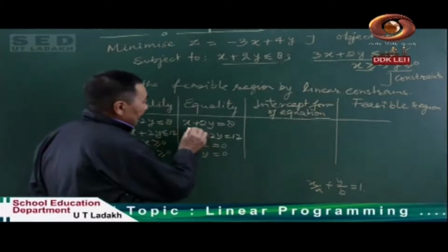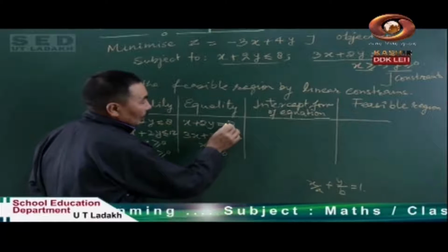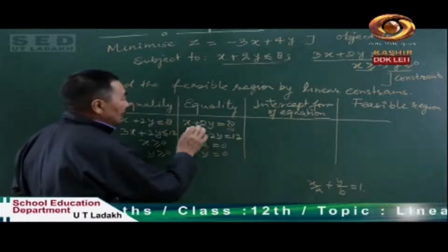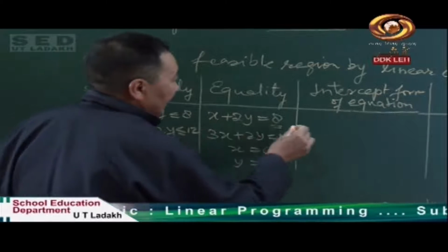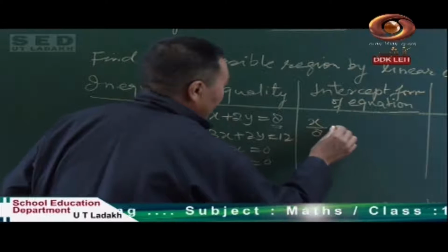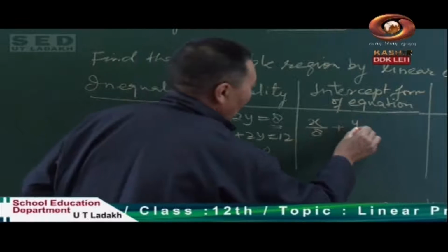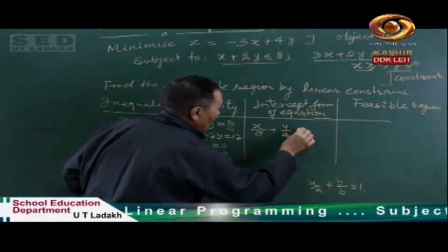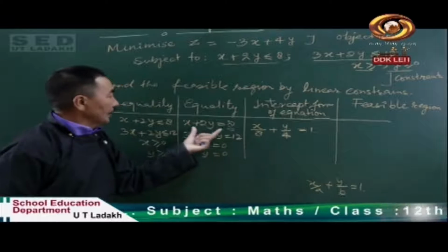If I divide both sides by 8, we want 1 on the right side. Then I get the intercept form of the equation: x by 8 plus y by 4 equal to 1. This is the intercept form of this equation.